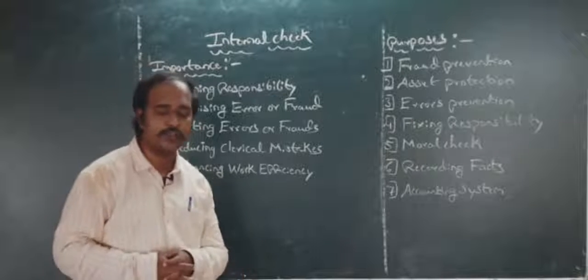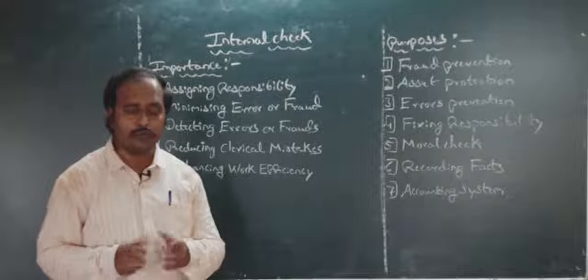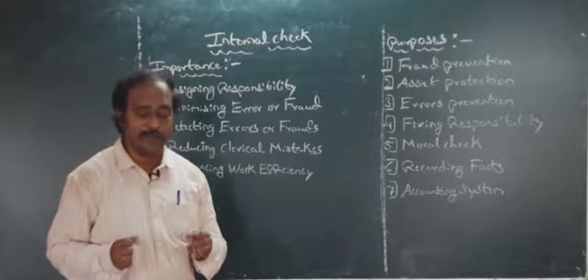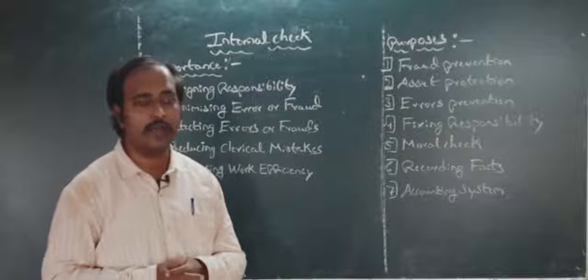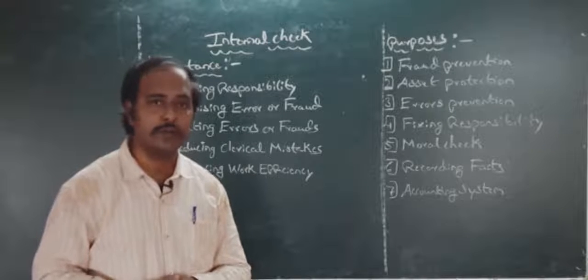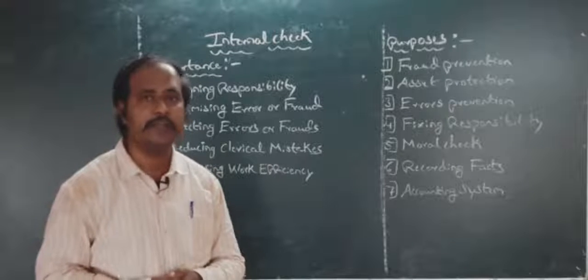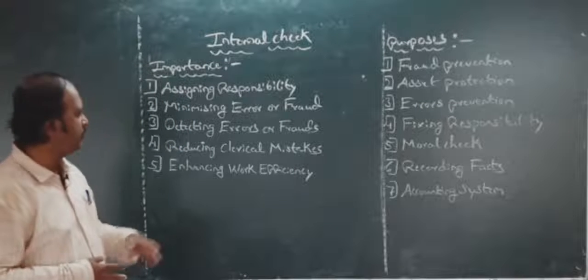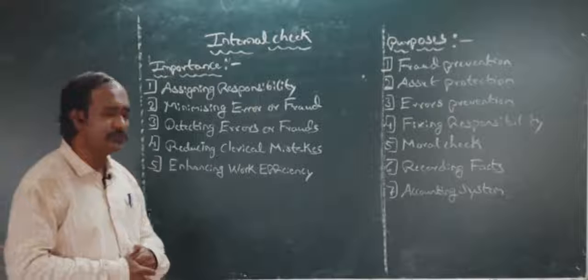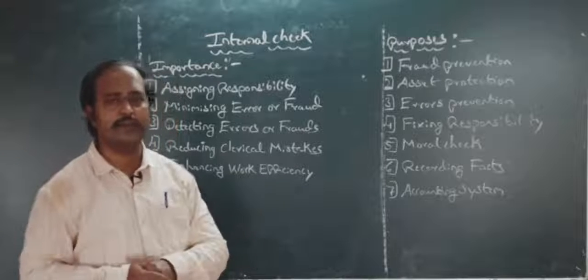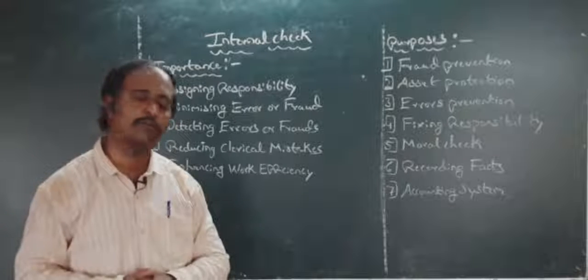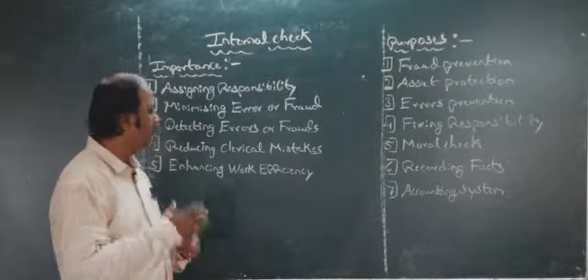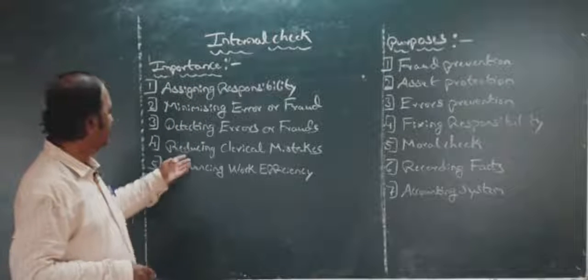Every organization wants to know how well they are performing, how efficiently they are performing, and how effectively the books of accounts are being maintained. And if they have a good internal check system, it is possible to detect various types of errors as well as various types of frauds. So this is also one of the importance.